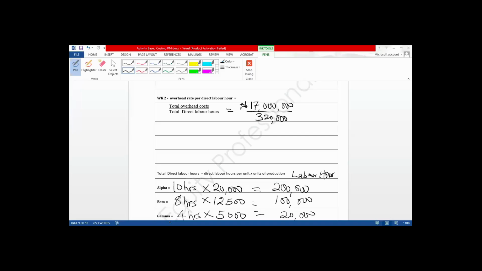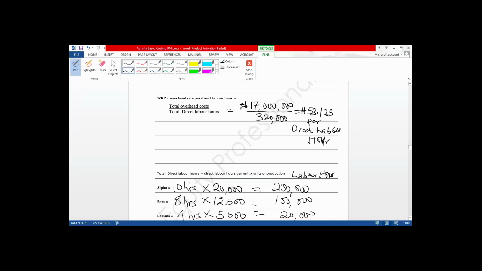That will give you 53.125. Please, you must specify the basis per direct labor hour. 53 naira 0.125 per direct labor hour.